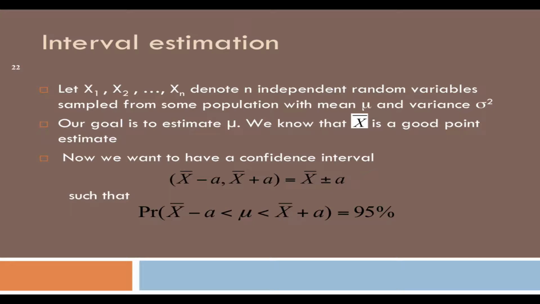With that normal distribution in place, you can work out this property. So basically, when you talk about interval estimation, you are implicitly using the central limit theorem, and you are implicitly assuming that x bar is obtained from a large enough sample size.